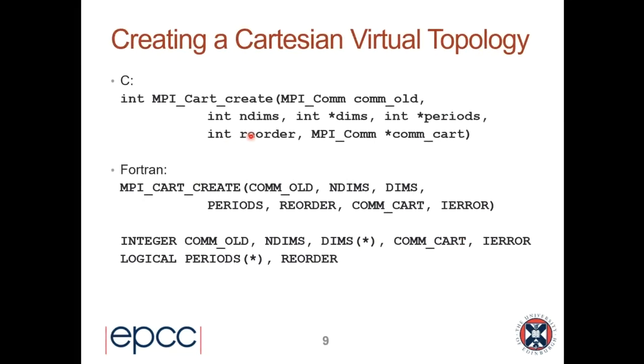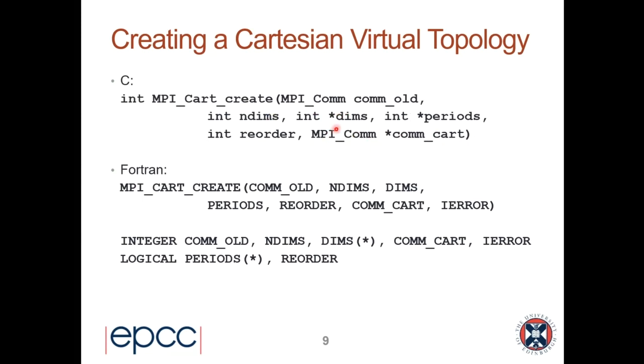Reorder equals 1 or true says, yes, you have the freedom to give me a rank in the new communicator that could be different from my rank in the old communicator, or false or 0 says no, if I'm rank 7 in COMM_WORLD, I have to be rank 7 in the new communicator. And you get back a new communicator, which is still a communicator, but MPI remembers it's a Cartesian communicator.